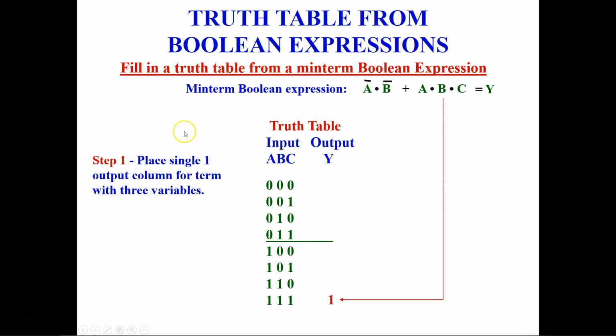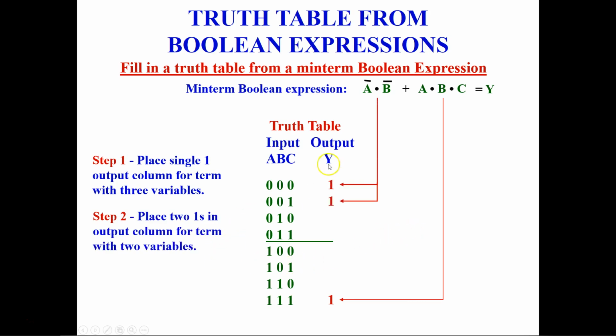This slide started with 3 variables first, so we have put 1 here. Then place 2 ones in the output column for the term with 2 variables. These are the 2 rows, so we have 1, 1, and in the rest of the places you will have zeros.